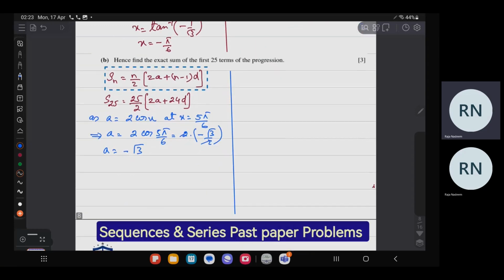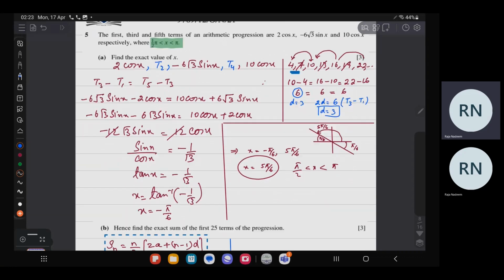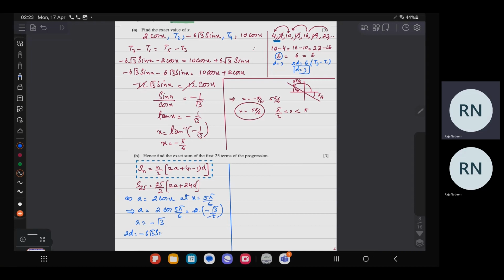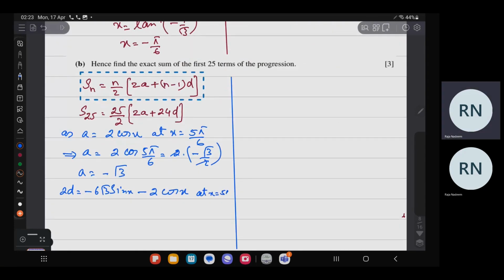Like we'll take the difference 2d. The third term is minus 6 root 3 sine of x minus 2 cos of x. At x is equal to 5 pi by 6, we'll have 2d is equal to minus 6 root 3 sine of 5 pi by 6 minus 2 cos of 5 pi by 6.